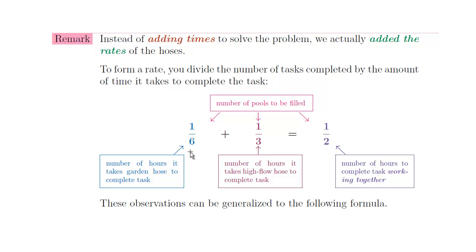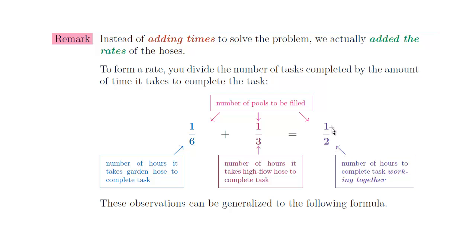Now, 1/6 came from the fact that it took 6 hours for the garden hose to complete that one task of filling the pool. 1/3 came from the fact that it took 3 hours for the high flow hose to complete the task. And 1/2, which came from adding 1/6 plus 1/3, told us that when the two hoses were working together, they could fill the pool at a rate of 1/2.